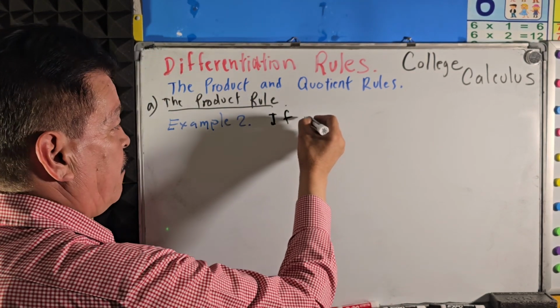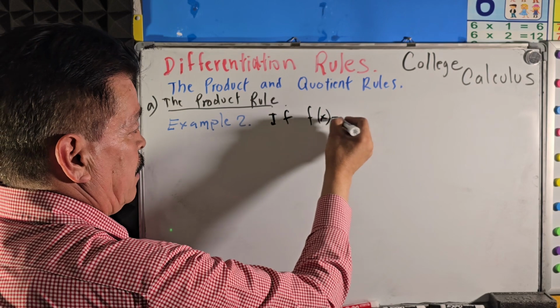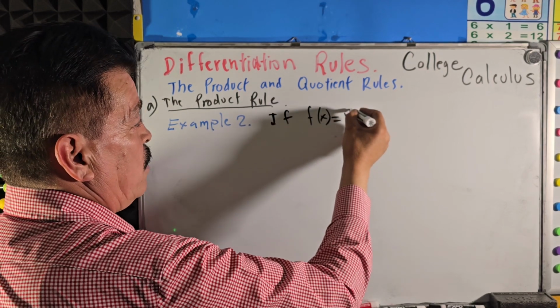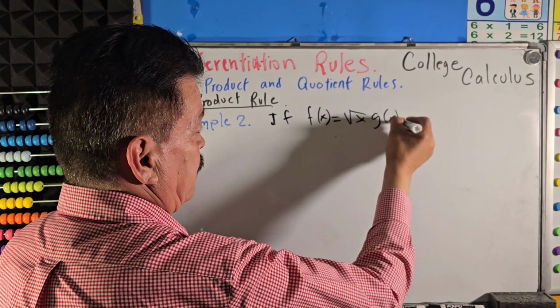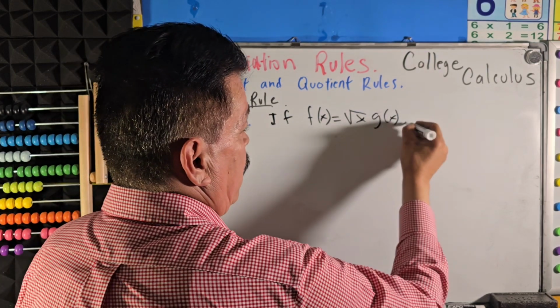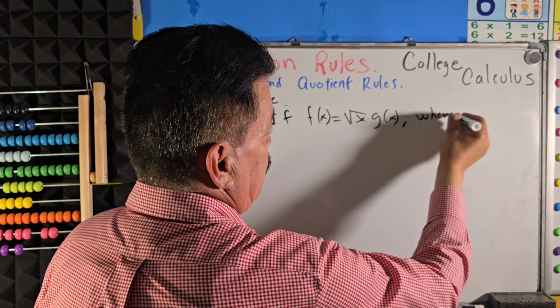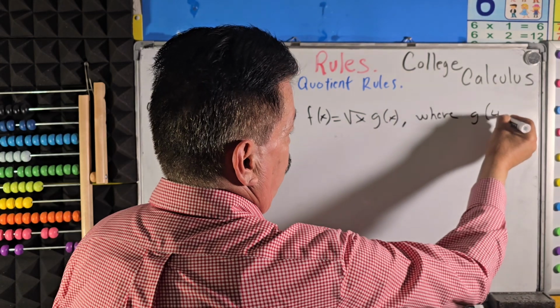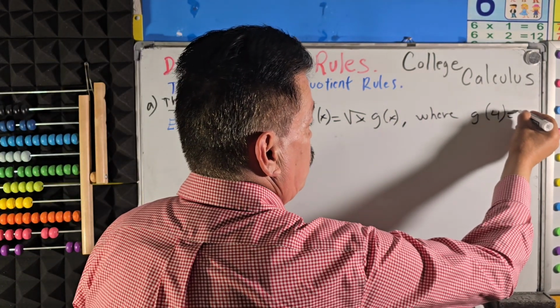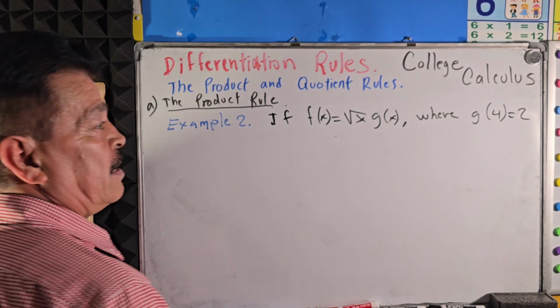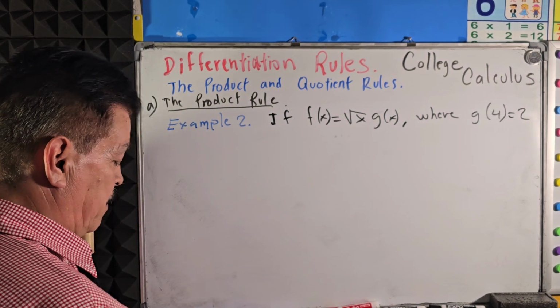Let's write our problem. If f of x equals the square root of x times g of x, where g of 4 equals 2. See, this is a little different to our first problem.